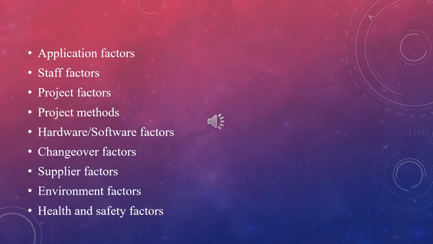The next is health and safety factors. It is not a major issue for software projects compared to other categories of projects such as civil engineering projects. The possible effects of project activities on the health and safety of the participants and the environment should be considered.